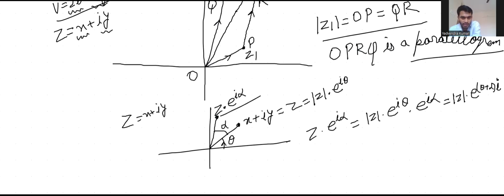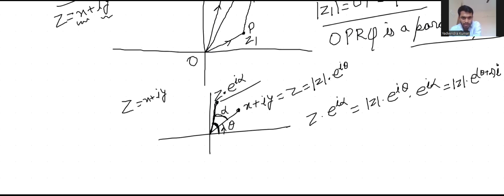Then you will realize this complex number, which is at angle alpha plus theta, has the same magnitude, not amplitude. Magnitude means the modulus. So here modulus is also Z, and it got rotated by alpha.